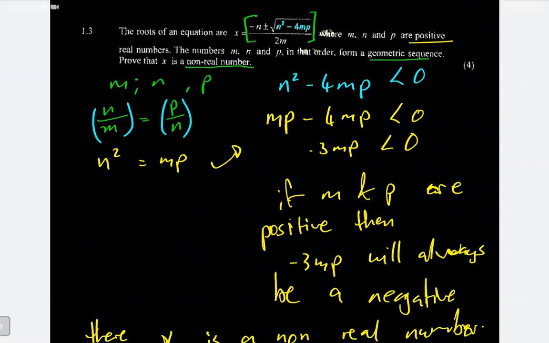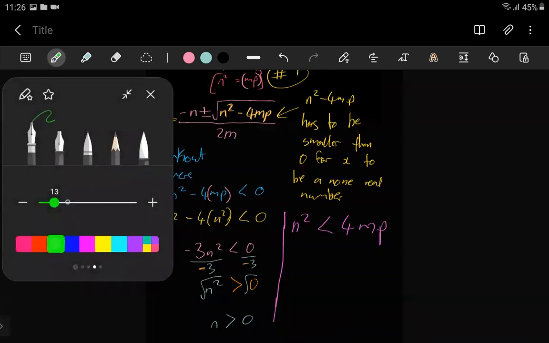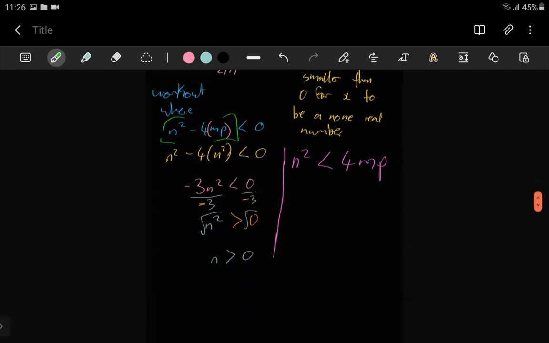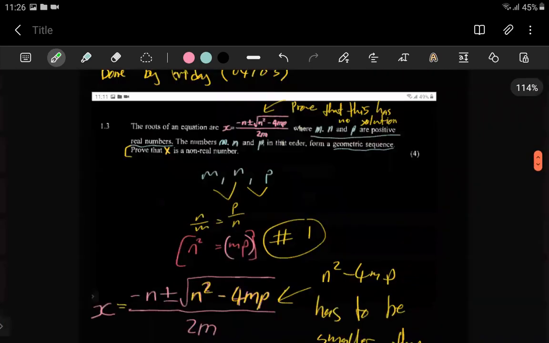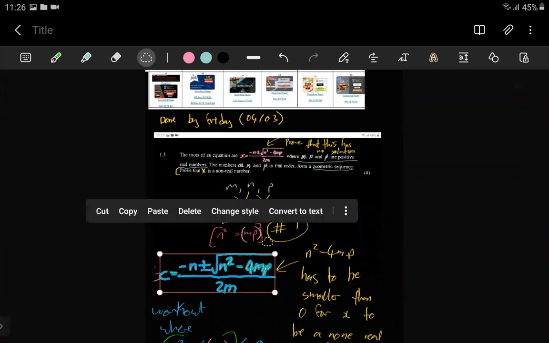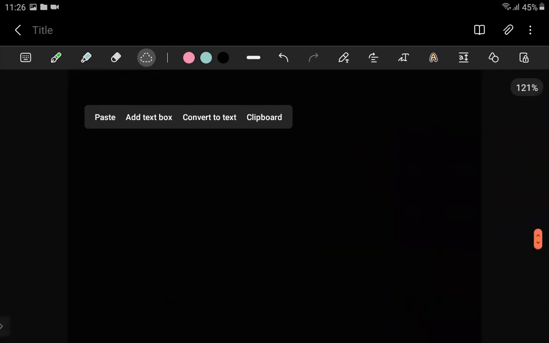So if you look at what's under our square root, remember what goes under our square root is this whole thing. So we can actually just start from here, because I think now it makes sense.